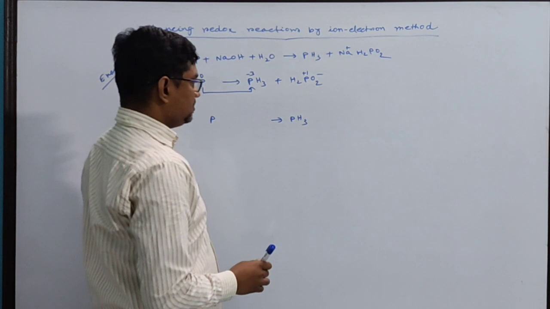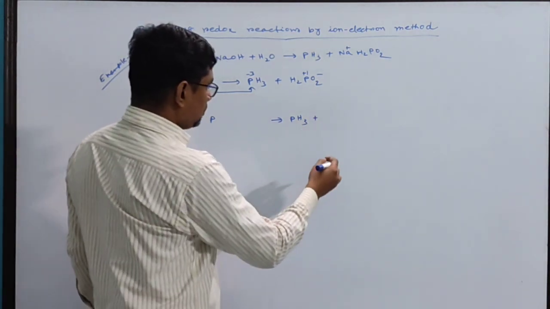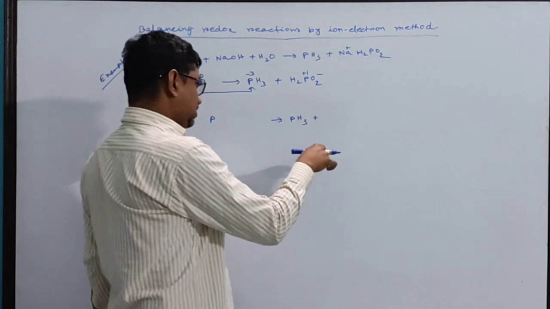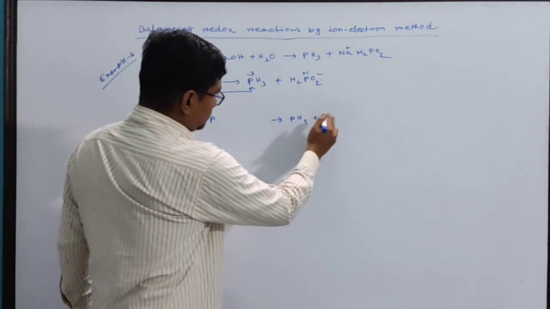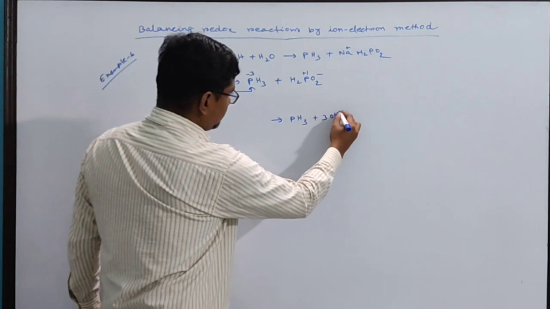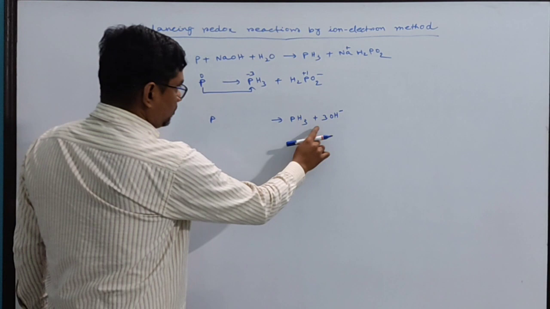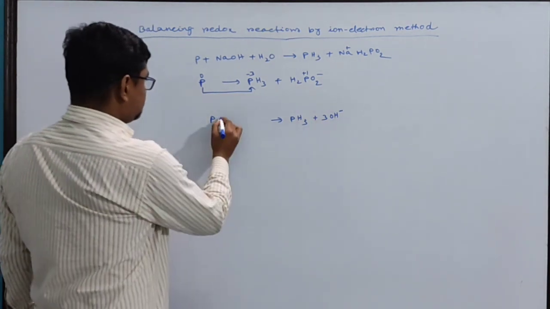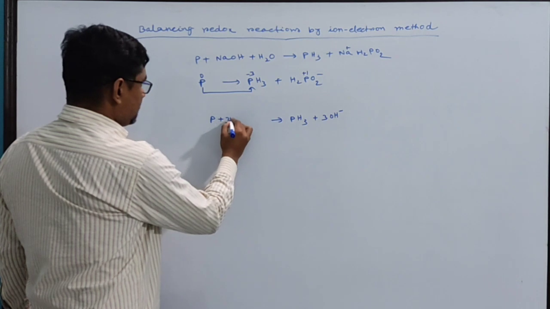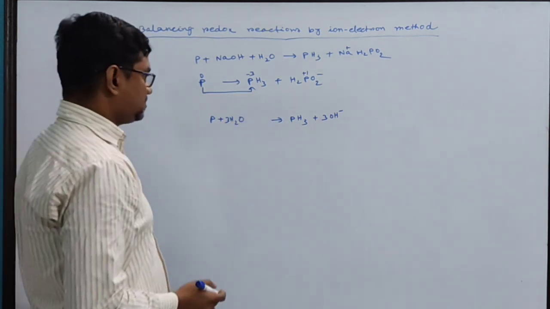For balancing hydrogen atoms, we will add the equal number of OH minus ions in that side where hydrogens are extra, means 3 hydrogens are there, so we will add 3 OH minus ions. Okay, so now we are getting 3 and 3 means 6 hydrogen and 3 oxygen. So if we write here 3 H2O, that will balance all the atoms.